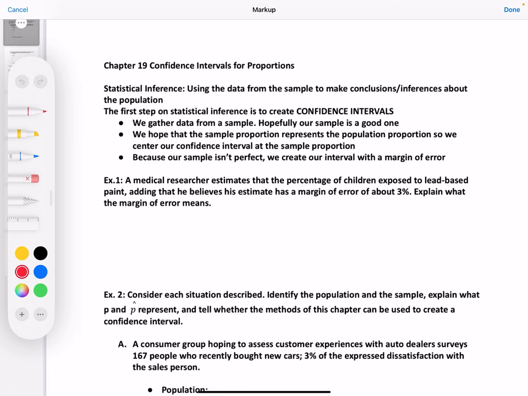So, a medical researcher estimates that the percentage of children exposed to lead-based paint is some value, adding that he believes his estimate has a margin of error of about 3%. Explain what the margin of error means.